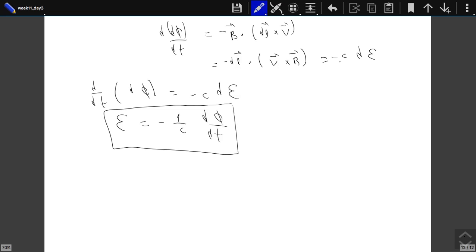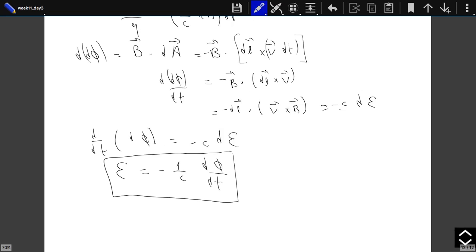It can be translated, it can be deformed, whatever the shape you have. And even in this case, the induced EMF due to this change in the area of our loop is given by minus 1 over c dΦ/dt. Whatever is causing this change in the shape, this relation always holds.